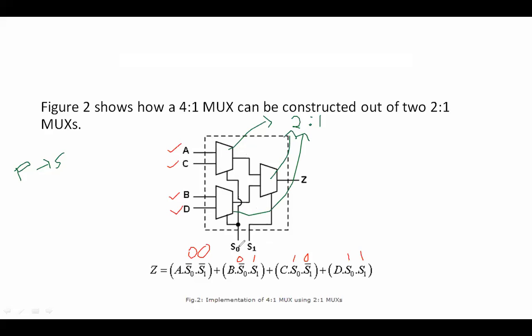When you have 0 and 1, as I told you, you will have four combinations: 1 1, 1 0, 0 1, and 0 0. Accordingly, you are going to get your Z equation. Any doubts till here, students?